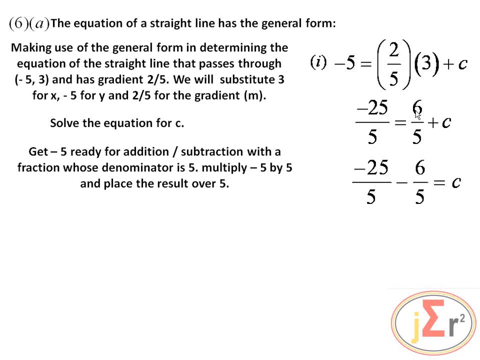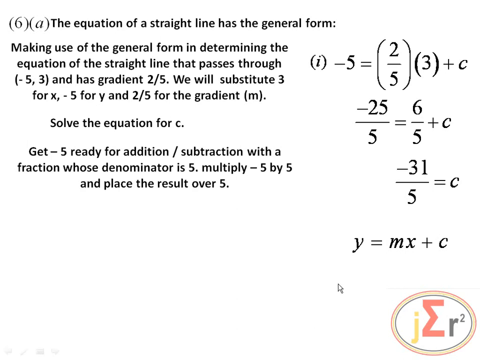So this 6 over 5 is transposed to the left hand side. -25 over 5 minus 6 over 5, all of that is -31 over 5. Why? Because when we add numbers that have the same sign, we add the values and the answer will take the same sign as the numbers that we have added. y is equal to mx plus c.